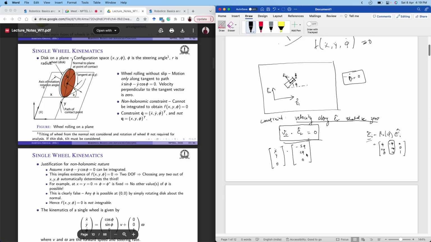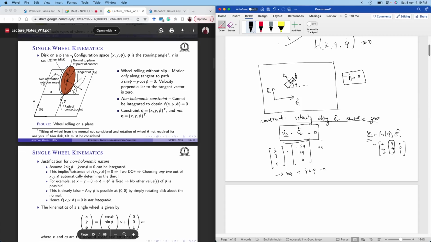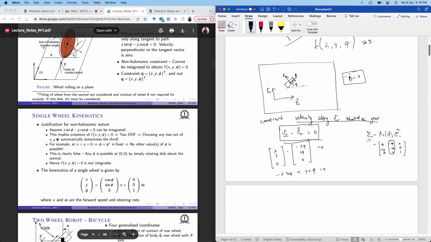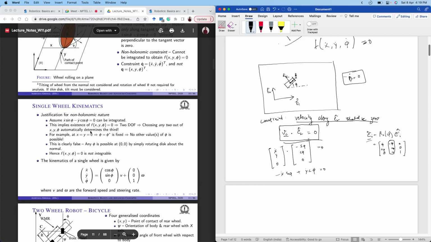Small e2. When you make it 0, it comes out as minus x dot S phi plus y dot C phi equal to 0. Okay, and again, you can see that this is the type of constraint that has been talked about here.